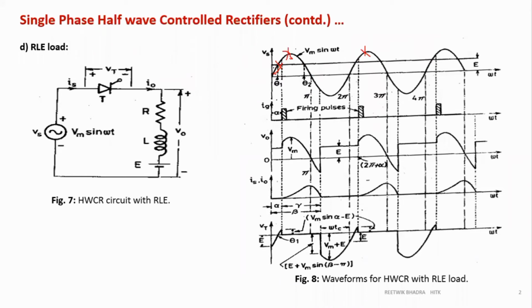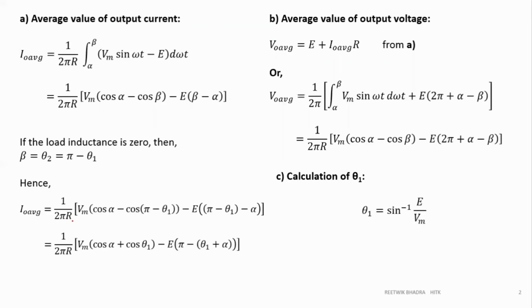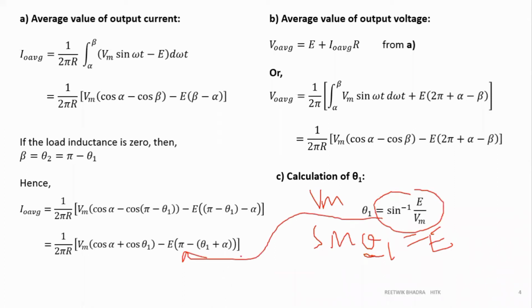But at theta 1, I can say that Vm sine theta 1 is equal to E, and E will be already specified in the question. So theta 1 is equal to sine inverse E by Vm. That is how you will calculate it and put it in this equation.